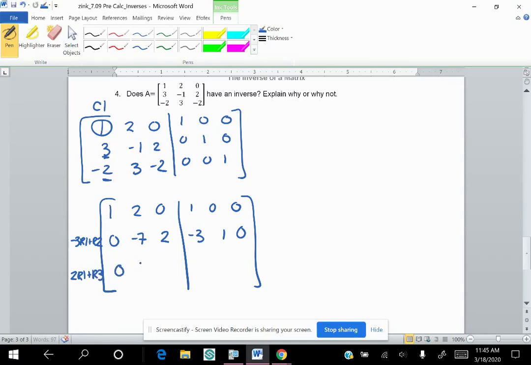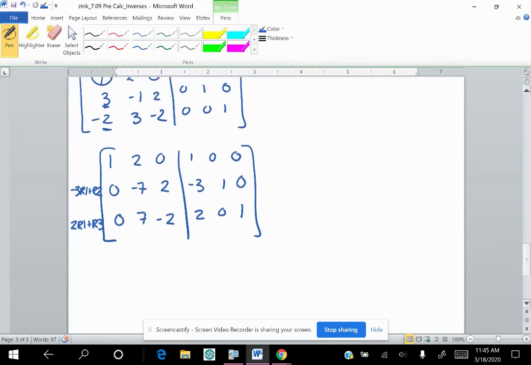And you should have gotten 0, 7, -2, 2, 0, 1. So you can continue, but I want to point out at this point, if you were to add these 2 rows together, then you would get 0, 0, 0 on the left, but not on the right side.